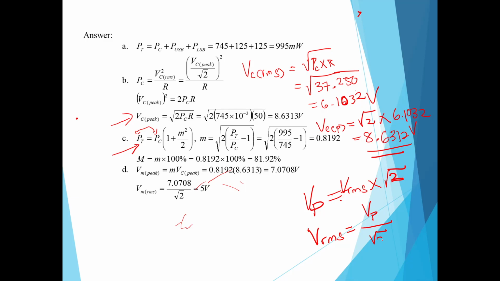If you are already skilled, you can straight away use the complete equations like this, and you will get the same answer. Because the power given is in terms of RMS, that means the voltage is in terms of RMS, so we need to find the peak amplitude. It is the same. Saya buat one by one supaya kamu nampak.